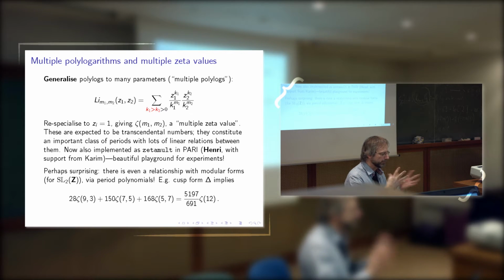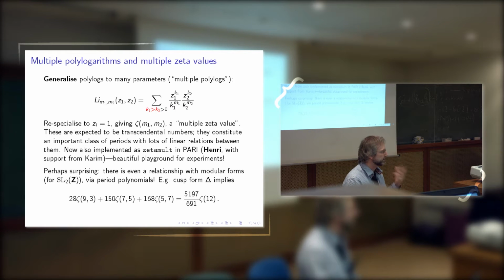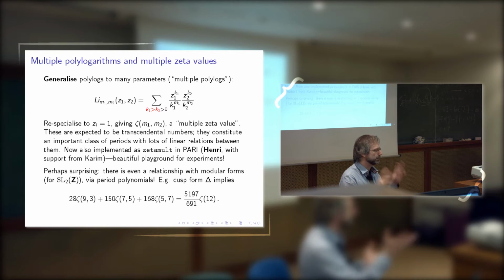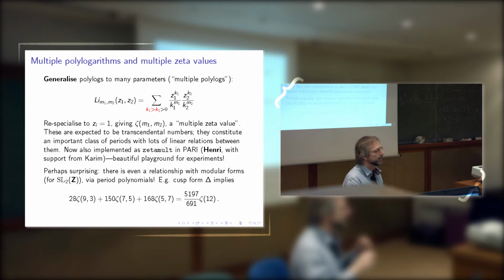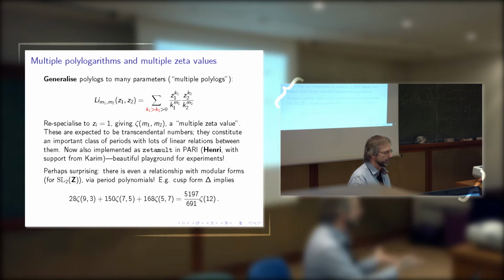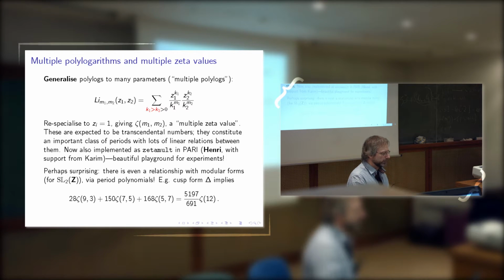So there's lots and lots unknown, but the picture that one has is lots and lots of interesting transcendental numbers with a beautiful group action in principle on it. So there's something like replacing the Galois group for algebraic numbers in this context as well, the motivic Galois group, as some people call it.